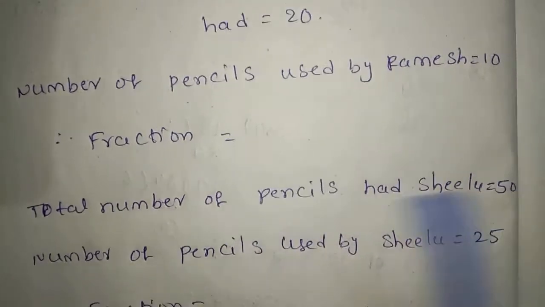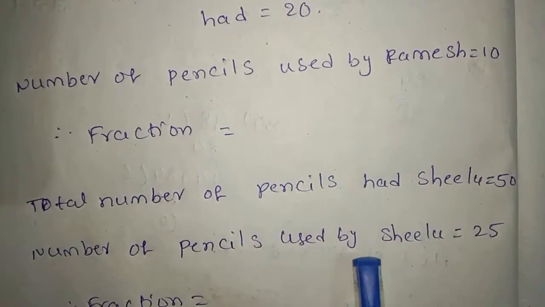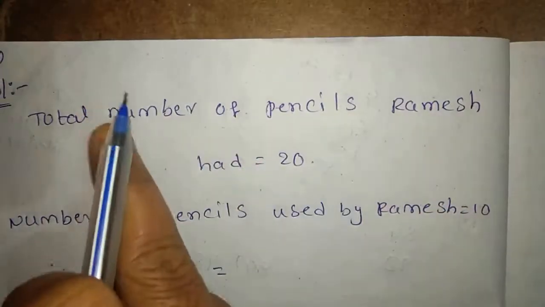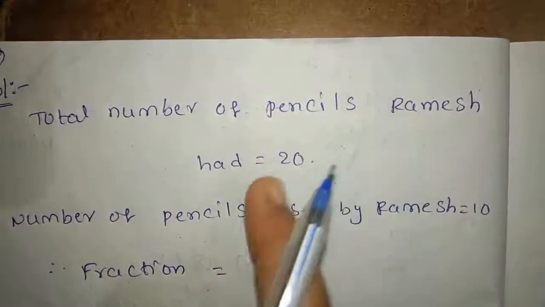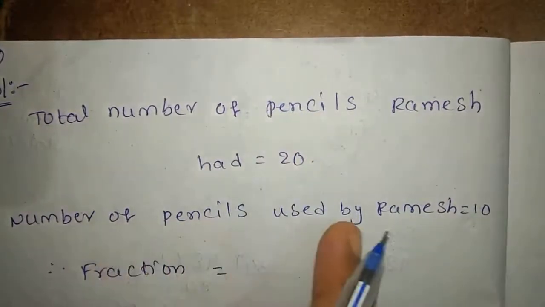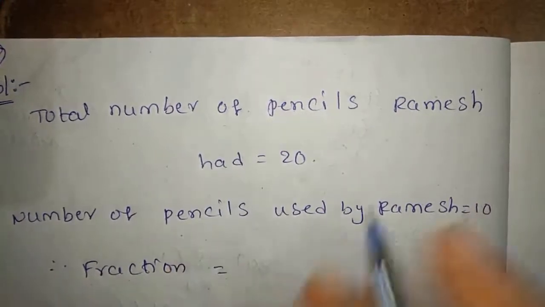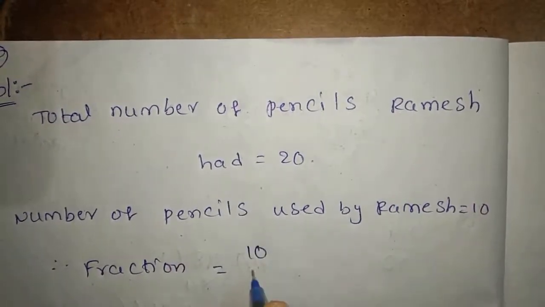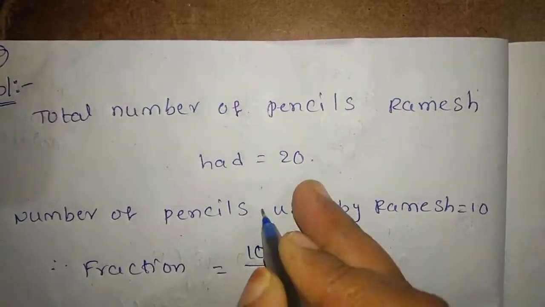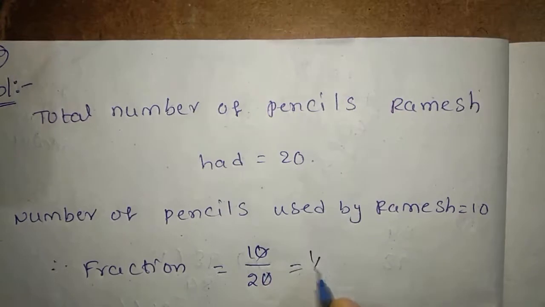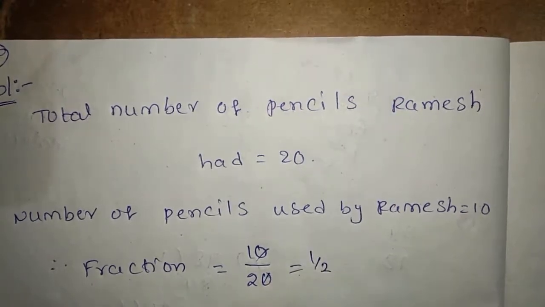After 4 months, pencils used by Sheelu is 25. Taking Ramesh first: the fraction is used pencils 10 and had pencils 20. The zeros cancel. Required fraction is 1 by 2.